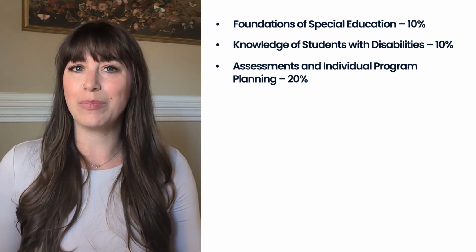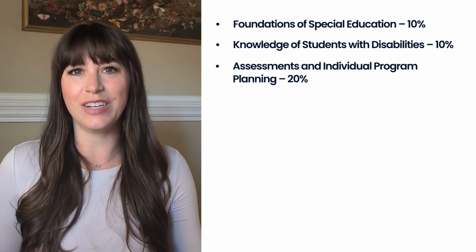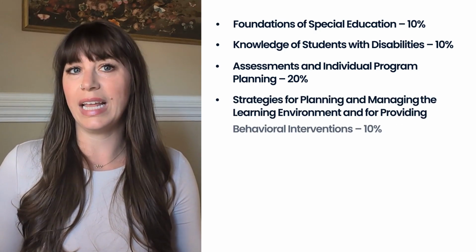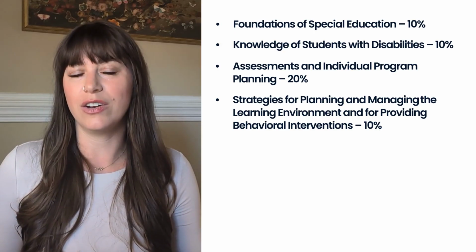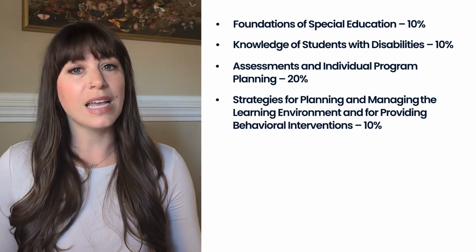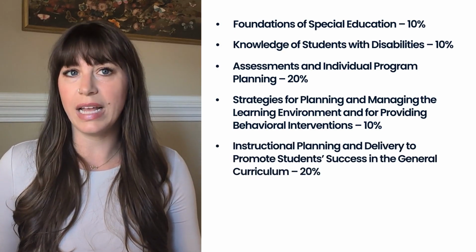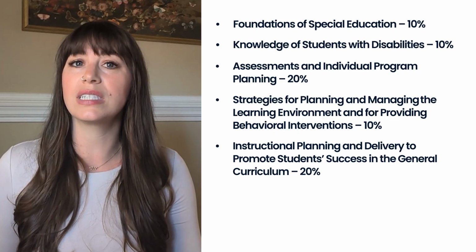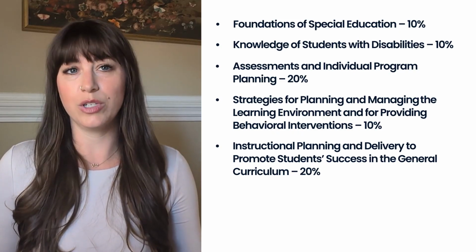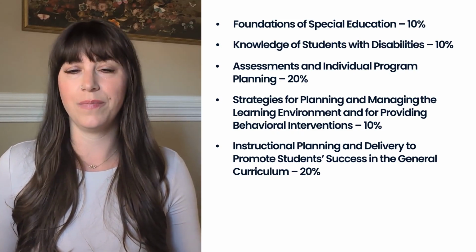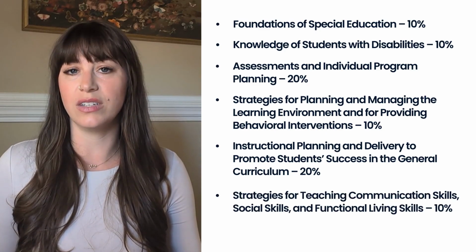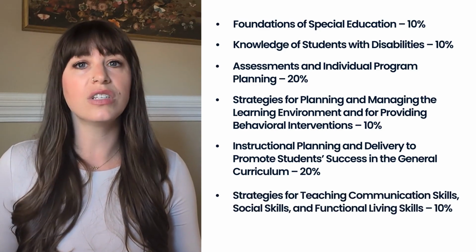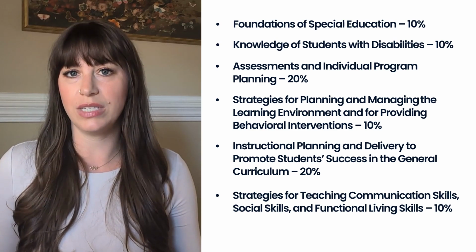Totaling at another 10% is the competency titled Strategies for Planning and Managing the Learning Environment and for Providing Behavioral Interventions. The fourth exam competency is Instructional Planning and Delivery to Promote Student Success in the General Curriculum, which makes up about 20% of the test. The fifth competency is Strategies for Teaching Communication Skills, Social Skills, and Functional Living Skills, which is about 10% of your score.